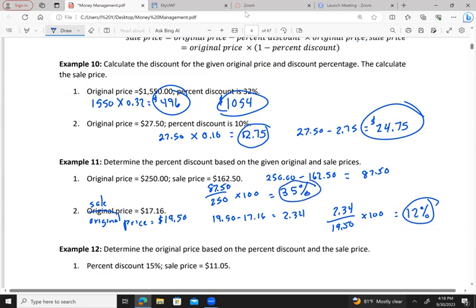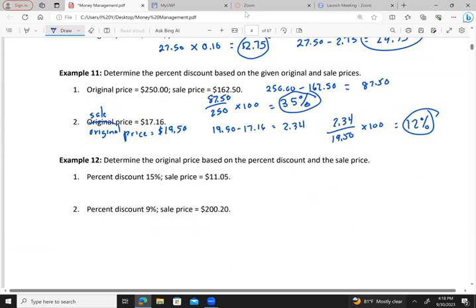Okay, next up. Determine the original price based on the percent discount. So we're looking at 0.15 times our original price, we'll just call it X, equals 11.05.